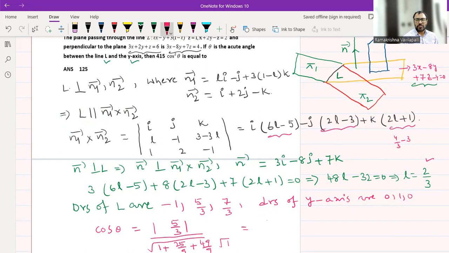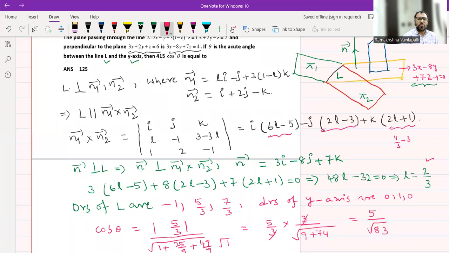So this is equal to 5 by 3. After simplification, you will get 3 by under root of 9 plus 74. The 3 cancels. This is equal to 5 by under root 83.